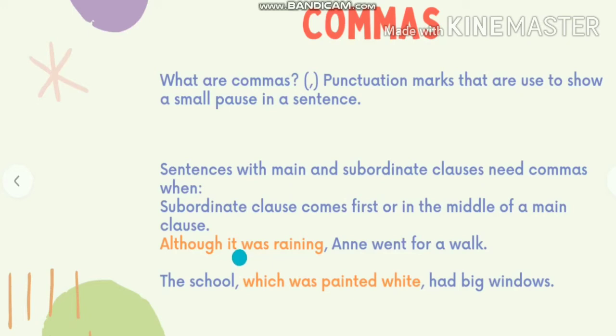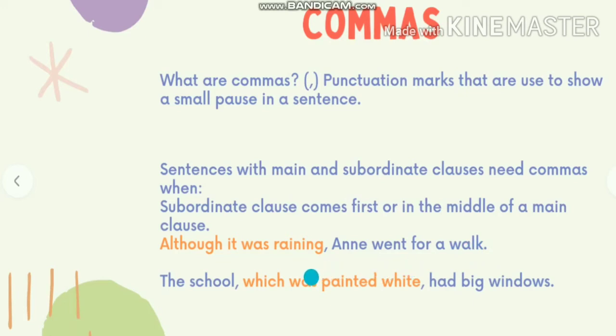Does it make sense? No. So it is a subordinate clause. Then next a main clause, "I went for a walk". Because the subordinate clause comes in the beginning of the sentence, we need a comma after it, after "raining". Okay, don't forget the full stop in the end.